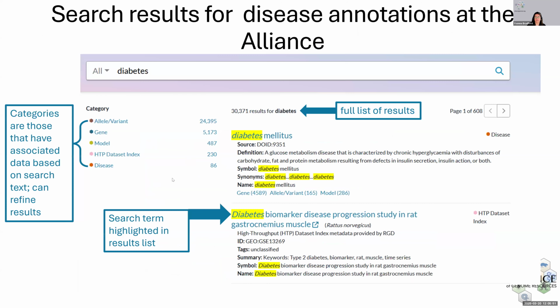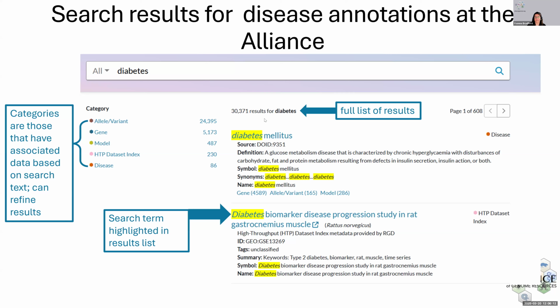And this brings you to this results page. On the left-hand side are categories that are associated with the inputted search text. And the categories here are allele variant, gene, model, high throughput, dataset index, and disease.